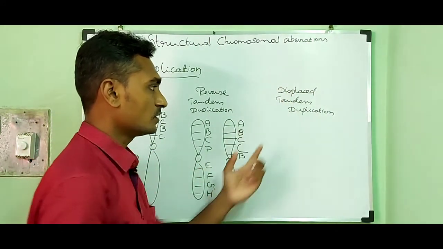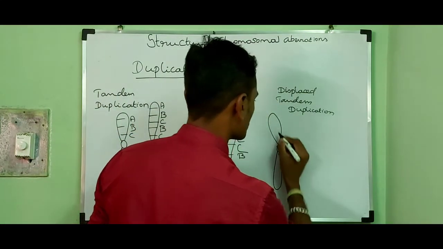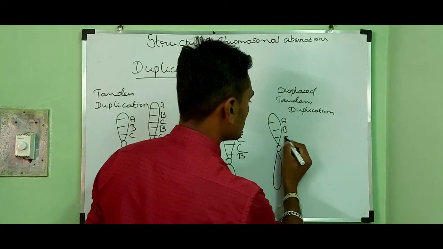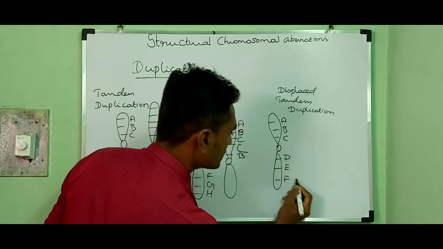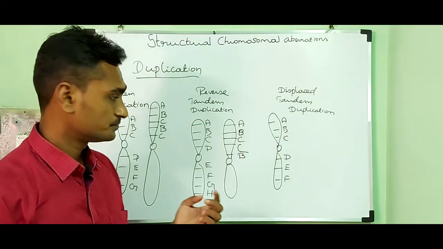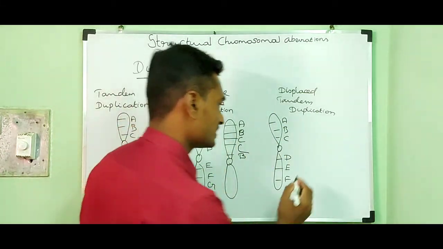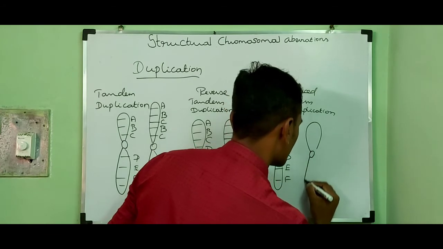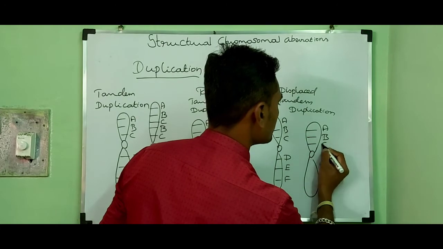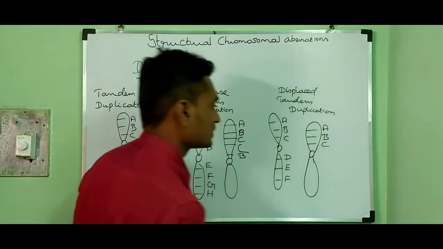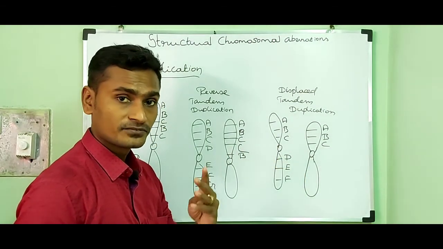So this is the normal chromosome, capital A, capital B, capital C, capital D, capital E and capital F. So the mutation occurs on capital B and capital C. The duplication process occurs on capital B and capital C. That duplicated segment is located away from the normal segment.